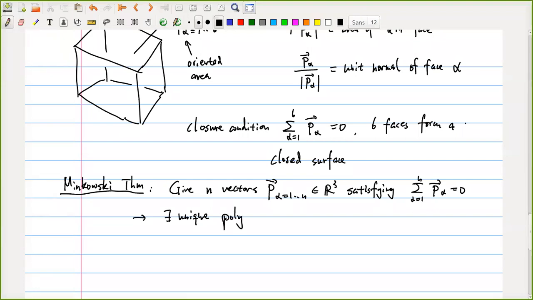It can be a tetrahedron, a cube, or any other polyhedron, depending on n, the number of faces. The polyhedron lives in 3-dimensional Euclidean space with n faces, the number of vectors corresponding to the number of faces, such that p alpha is the oriented area.